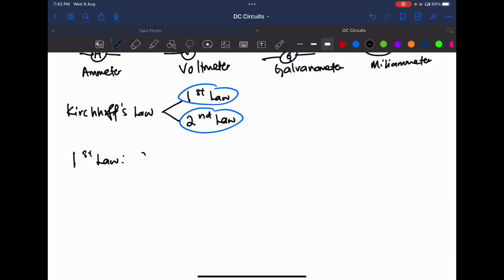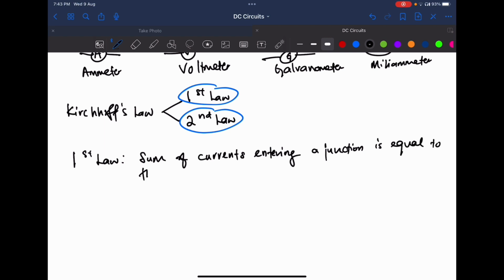What does it state? The sum of current entering a junction is equal to the sum of current leaving that junction.